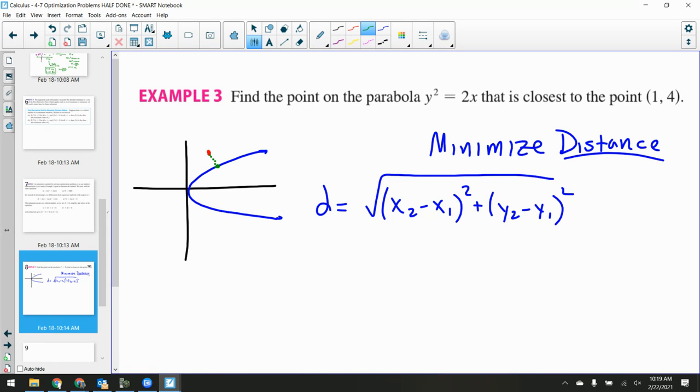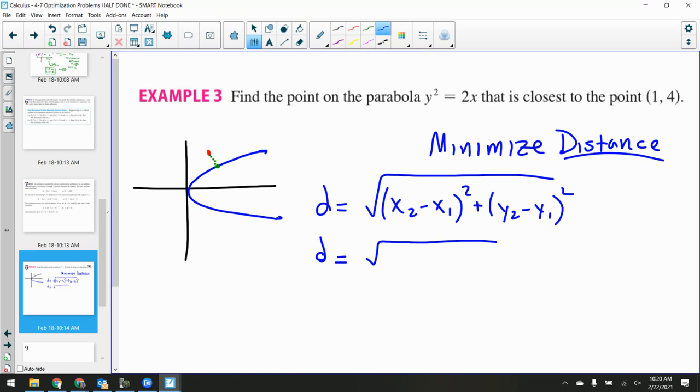Now, I know that the distance formula, if I know that it's got to have (1, 4) within it, I can plug that 1 and 4 into the distance formula. So D is equal to the square root of, and now because I'm plugging in an x and a y value, I can remove the x2 and the x1.